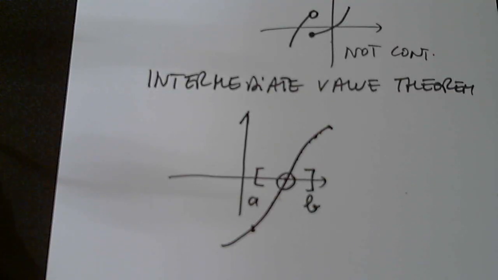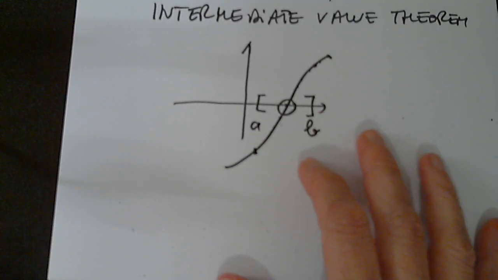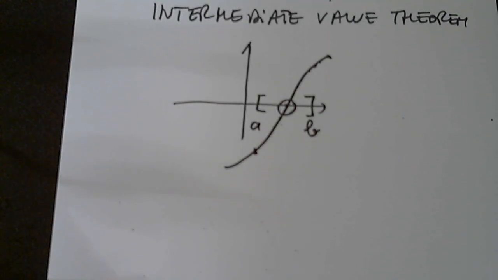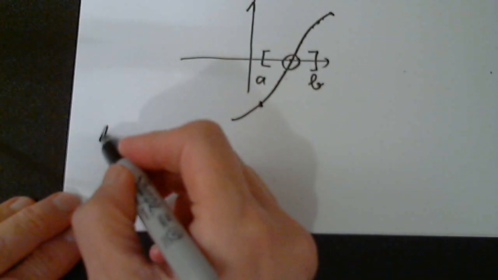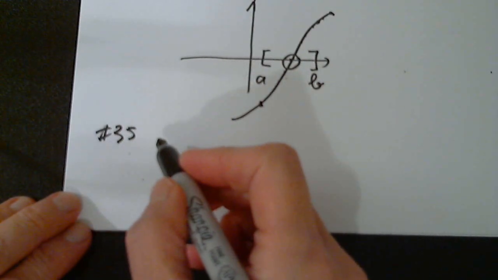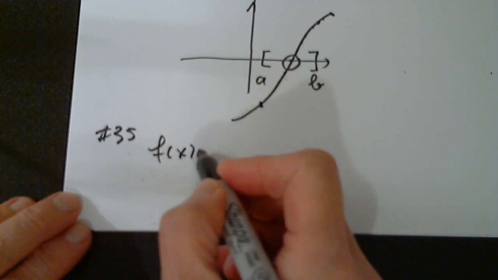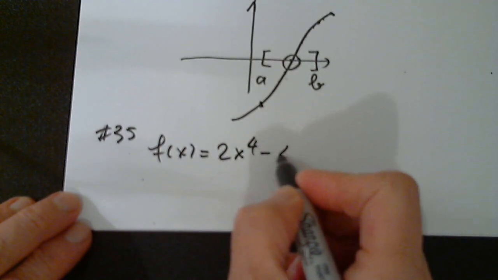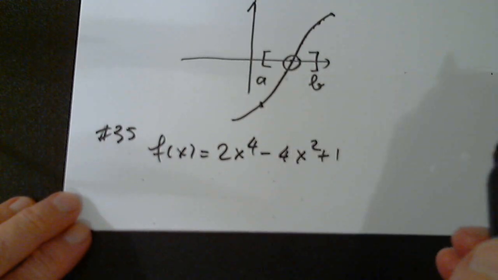So choose one example. We do 35. In 35, we're given f of x equals 2x to the 4th minus 4x squared plus 1.